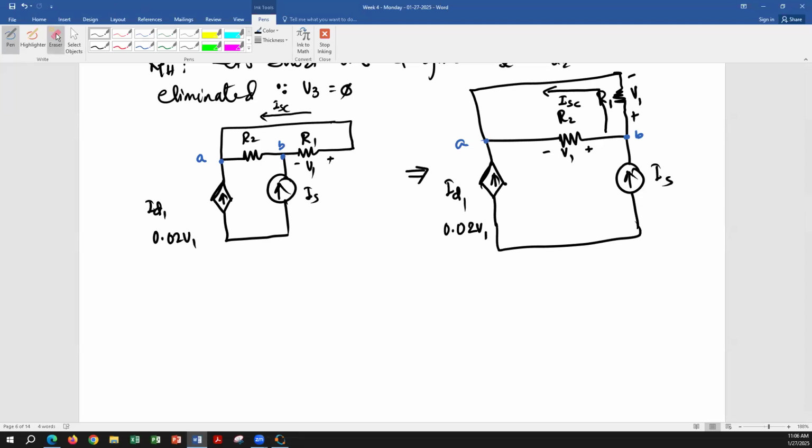Negative at the bottom, positive on top. According to this, positive is away from B. Positive is here, negative is here. So we can do ISC in the opposite direction, actually, whichever.